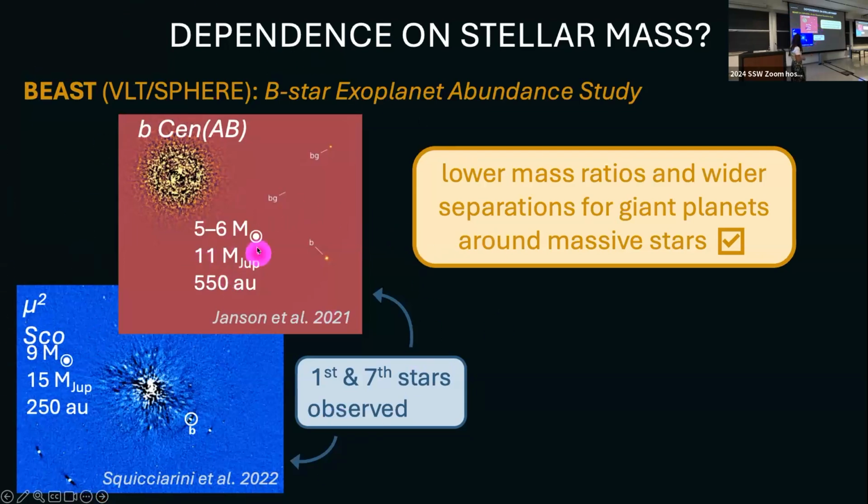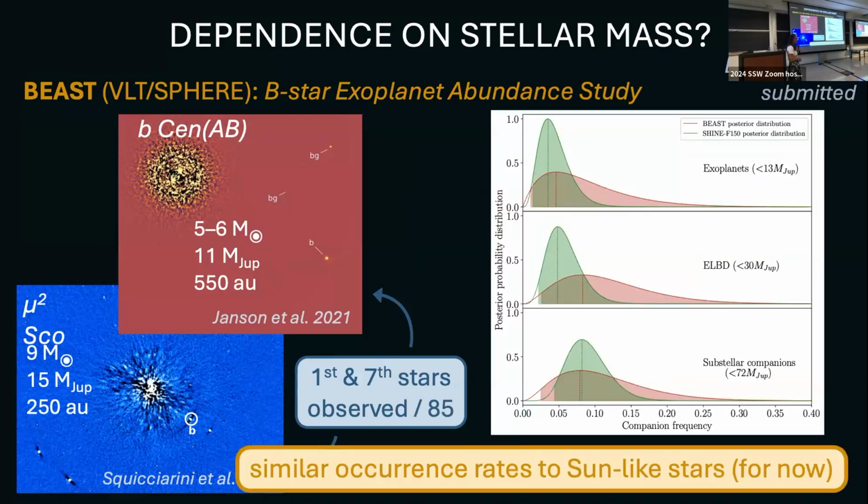They're massive giant planets of 11 and 15 Jupiter masses on really, really wide orbits and around very massive stars. So these two detections confirm this tendency towards lower mass ratios and wider orbital separations for giant planets around massive stars. And they were actually detected around the very first and the seventh star that was observed in this study. So that initially pointed to the idea that they could be super frequent. People got very excited about this. Unfortunately, that was it.